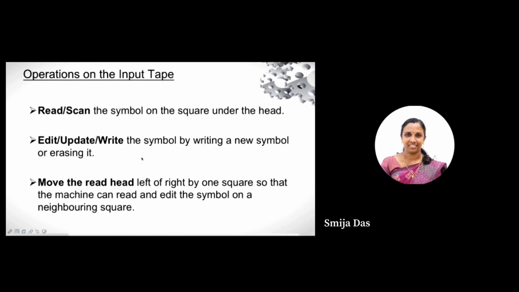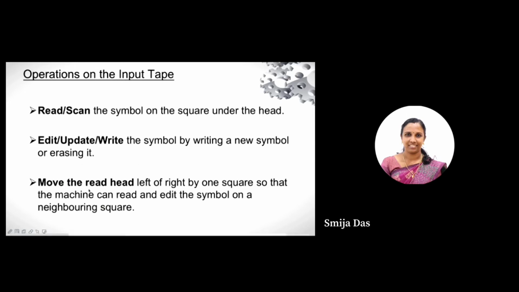Now we can see various operations on the input tape. Three important operations are read, write, and movement of the read-write head. The first one is read or scan the symbol on the square under the read-write head. The second one is edit or update, or write the symbol by writing a new symbol or erasing it.